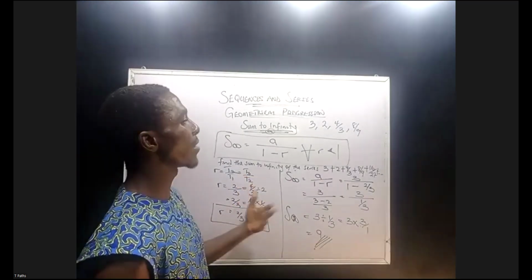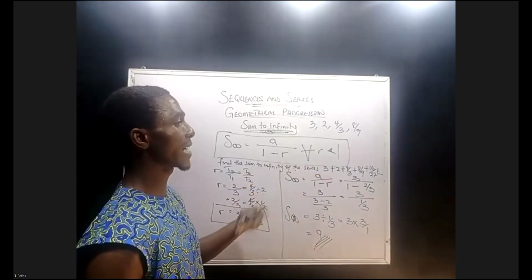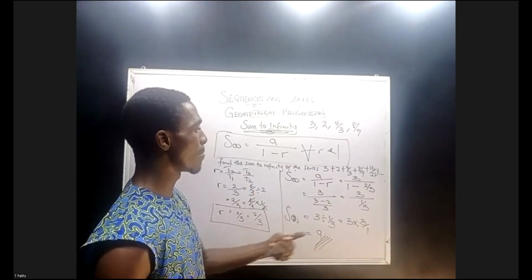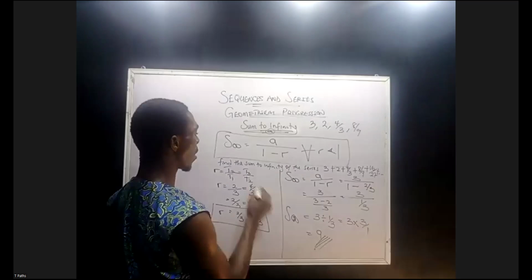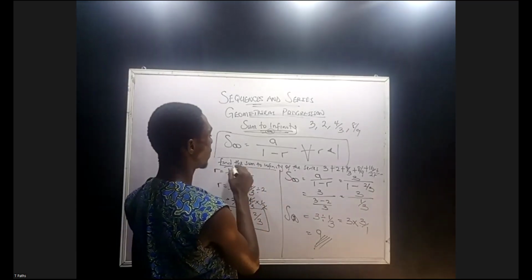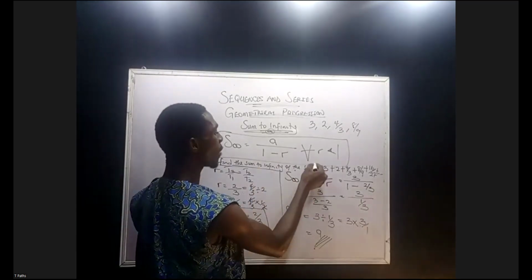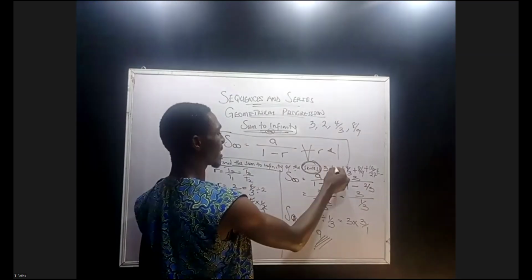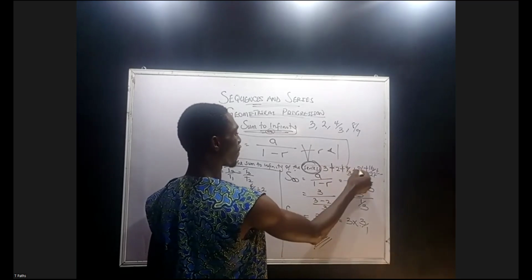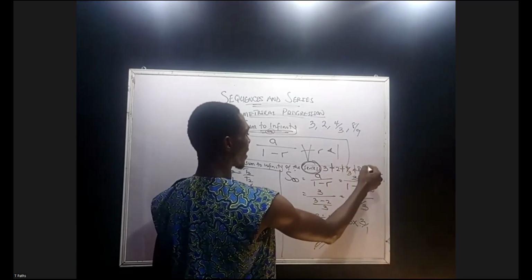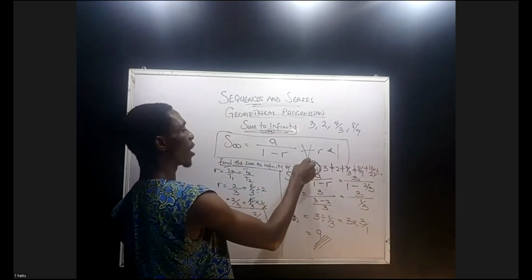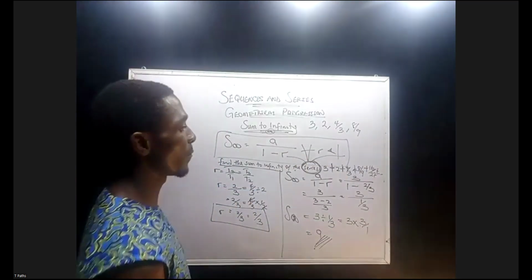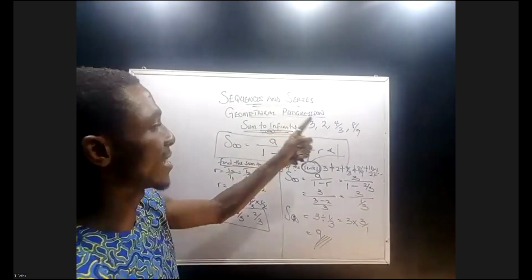Series are also arrays of numbers, but these ones are separated by arithmetic operators of plus and minus. So you can see that from the previous question. They said, find the sum to infinity of the series. The word series there says it is separated by arithmetic operators. If it is not separated by arithmetic operators, you will see the word sequence or progression there. That is how you can differentiate sequence and series.